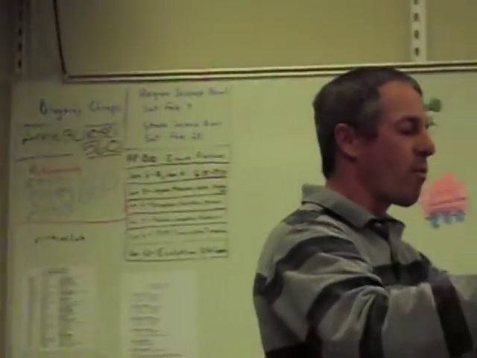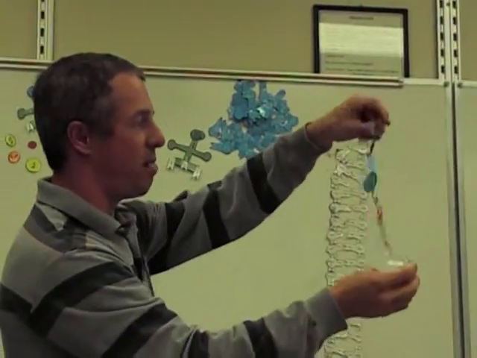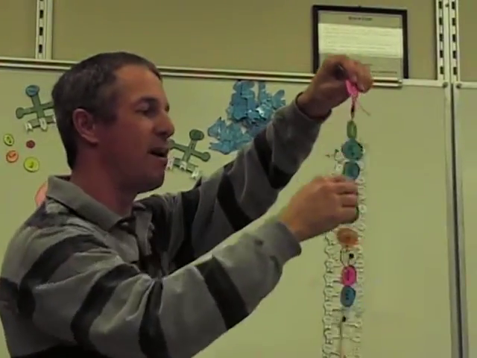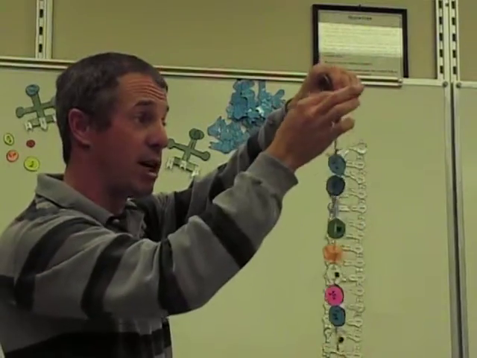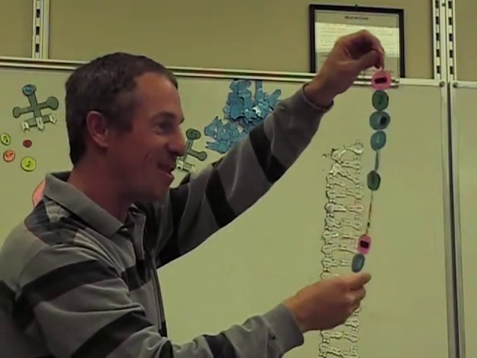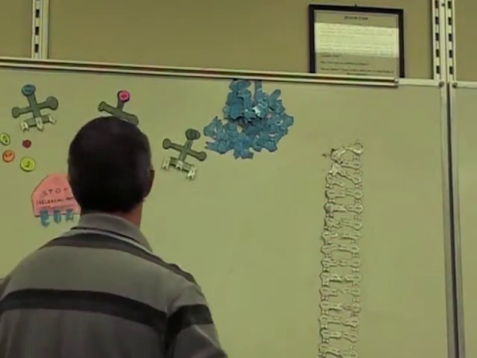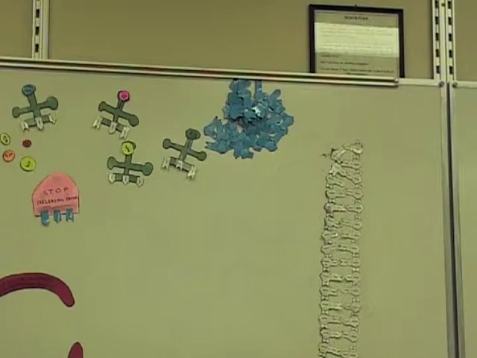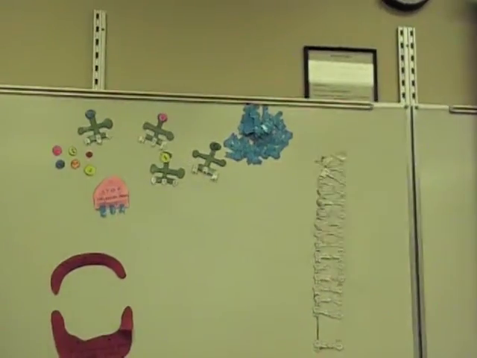So we gotta make this somehow. Now, what's a protein made of? Amino acids. A string of amino acids joined by what kind of bonds? Peptide bonds. Remember that? Yep. So how are we gonna make this? I'll put this over here so you can see it. And we gotta make something that looks sort of like that.